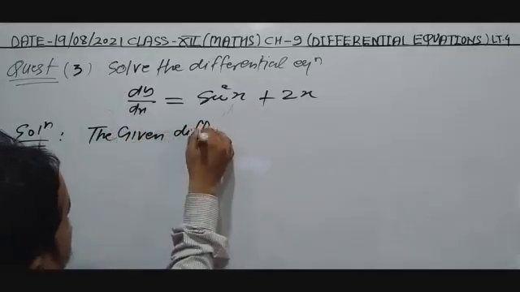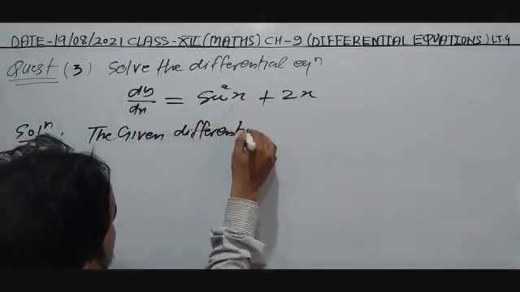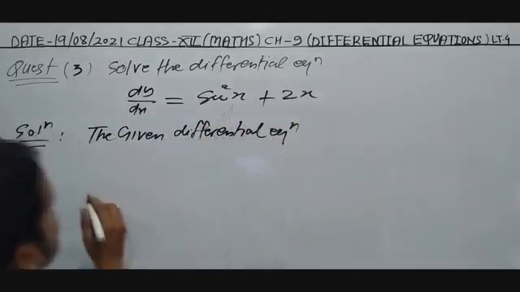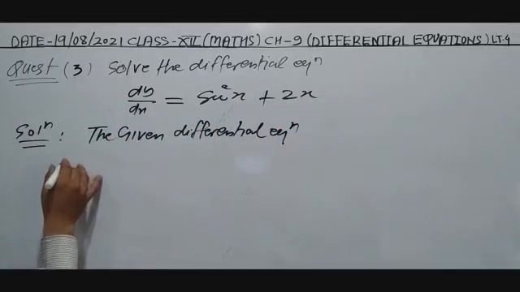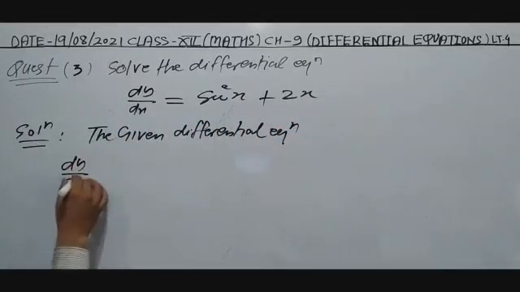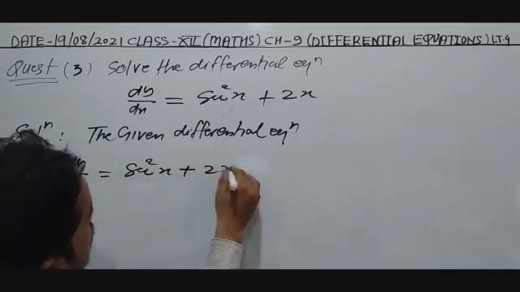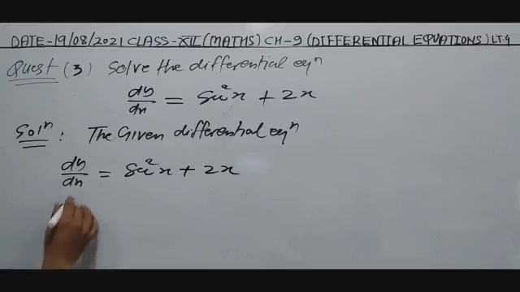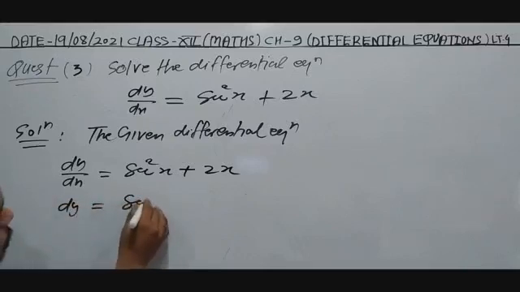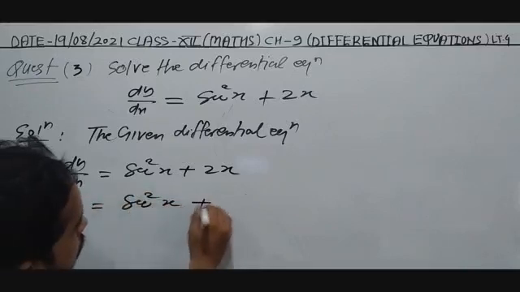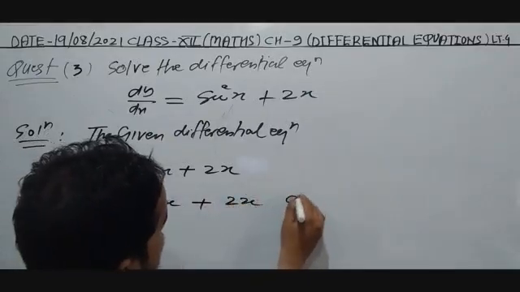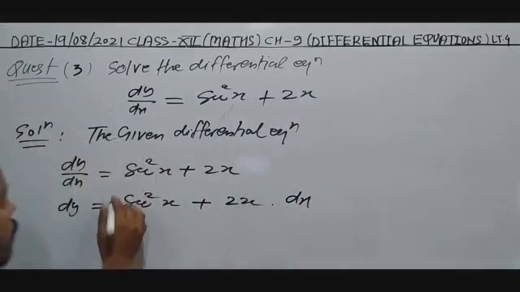The given differential equation dy/dx is sec²x + 2x, and now dy we can write (sec²x + 2x) dx.